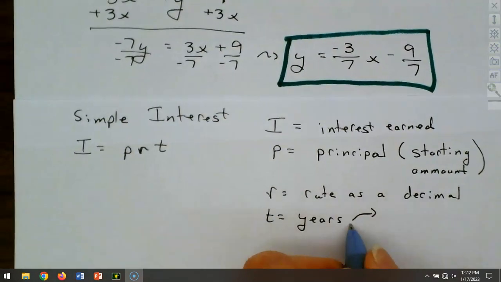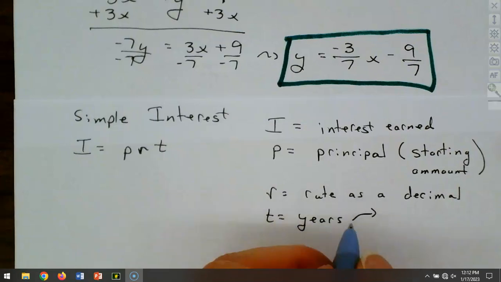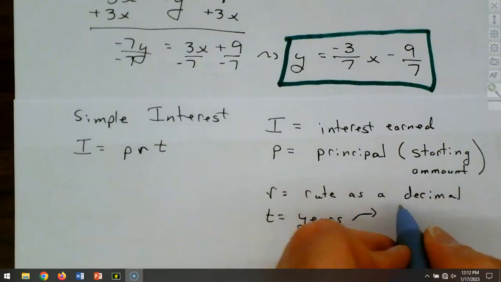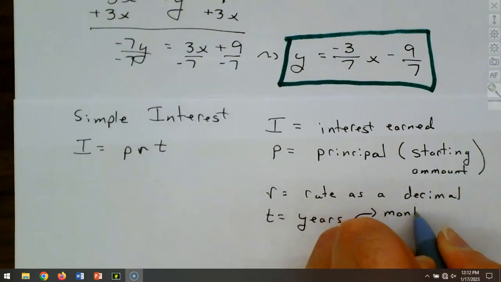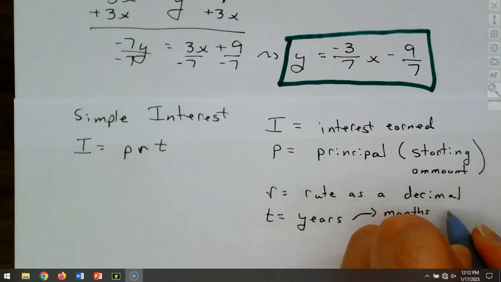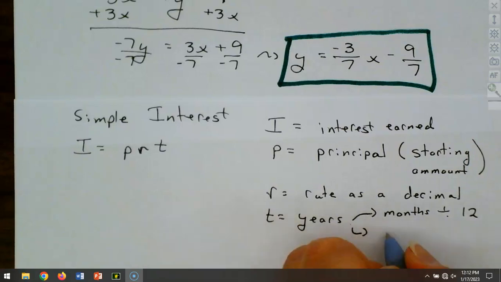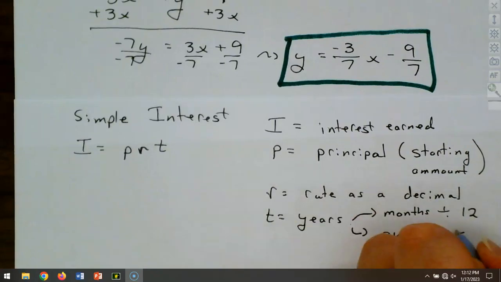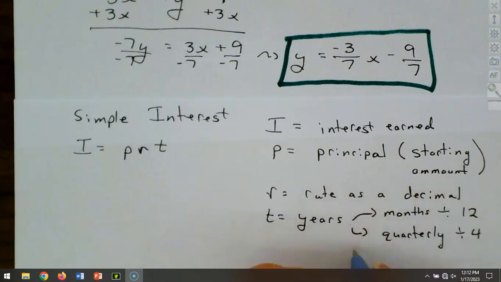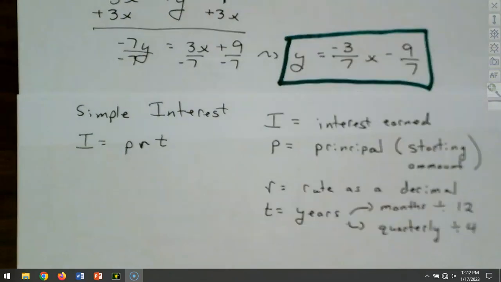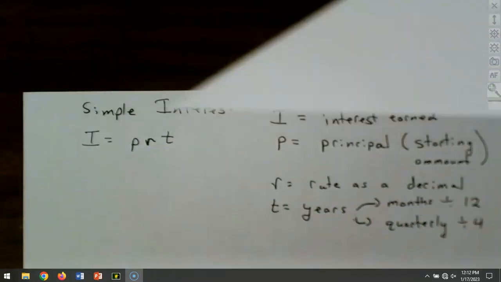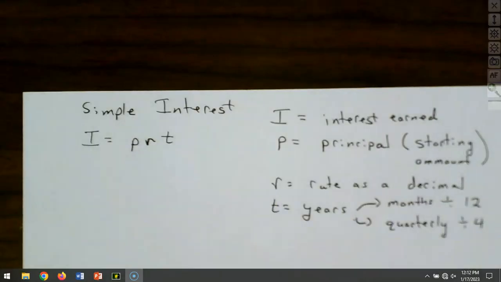Now, when we talk about the number of years, if it's months, divide by 12. Right? 12 months in a year. If it's quarterly, divide by 4. So those are the two main ones, months and quarters. You could also have semi-annually, and that would mean divide by 2.